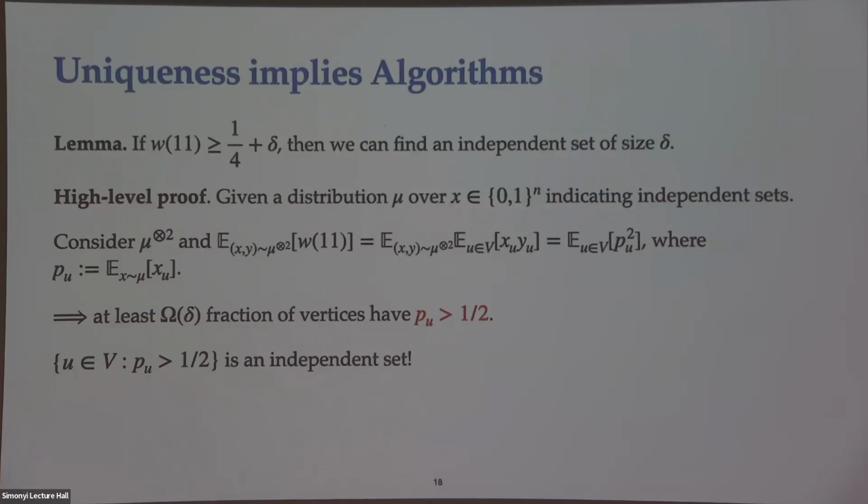What do you have squared? So we have that instead of this, we have the expectation over X, Y of W11 squared is larger than like 1/16. Because you have the quadratic. So there's some extra work to do. Basically, for people who know, there's this global correlation rounding technique that reduces pairwise correlation.